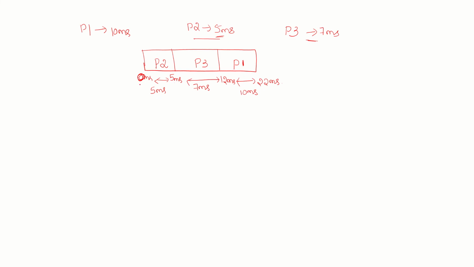If you add these two values, 0 plus 5, you will get the turnaround time for the first process. Similarly, if you add these two values, you will get the turnaround time for P3, and similarly if you add these two values, you will get the turnaround time for your P1.